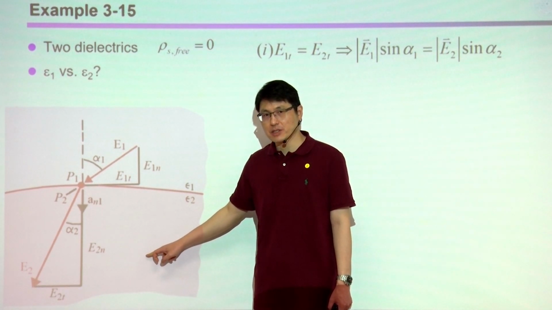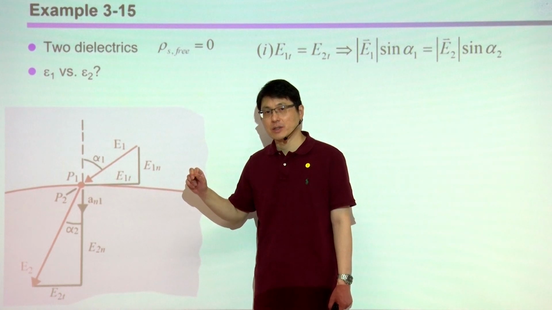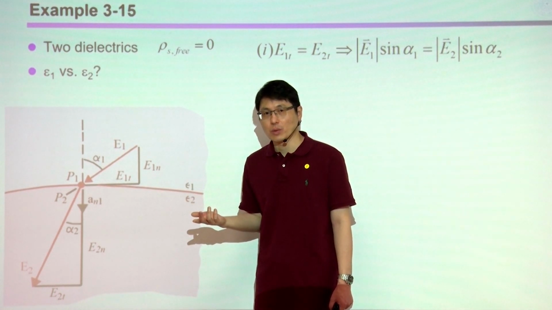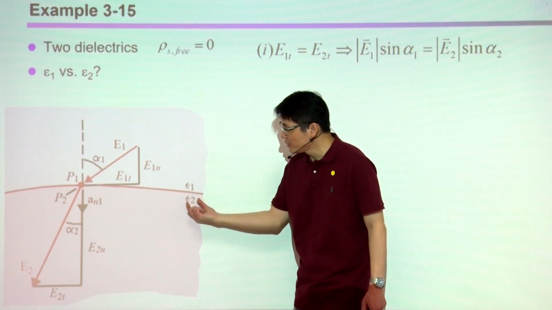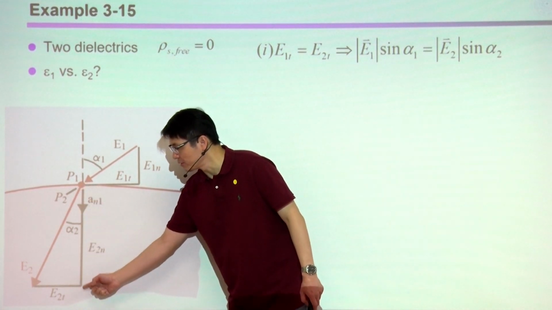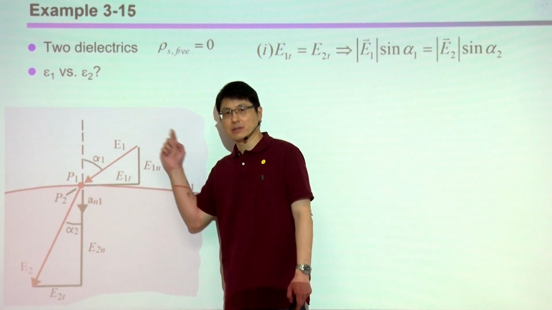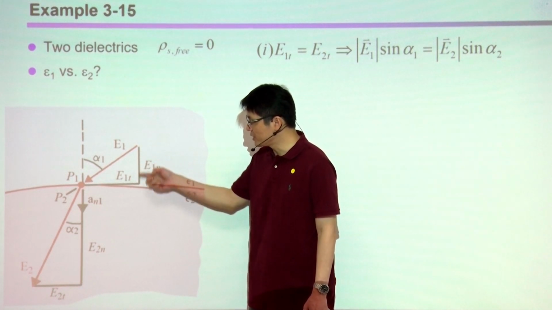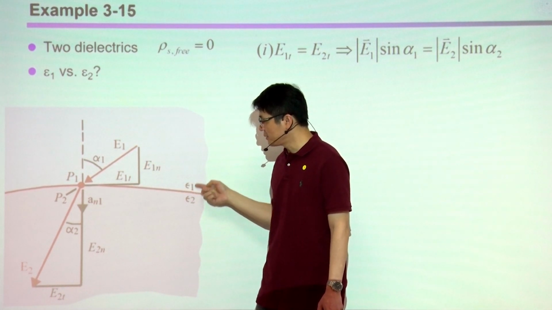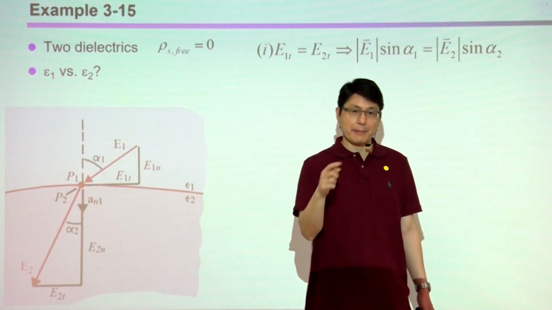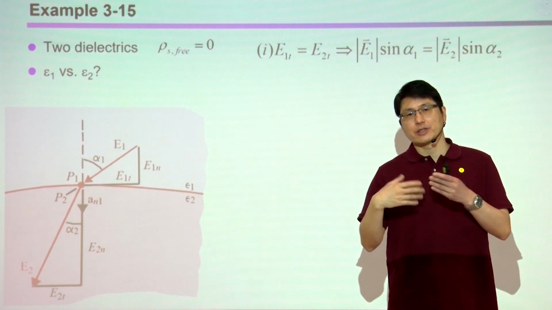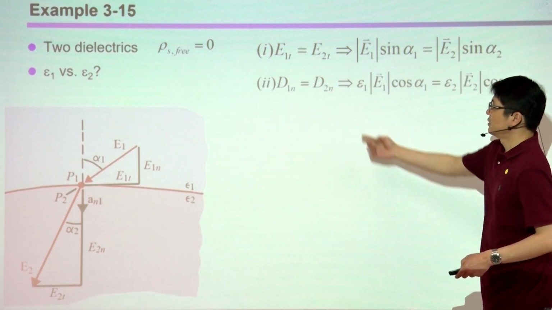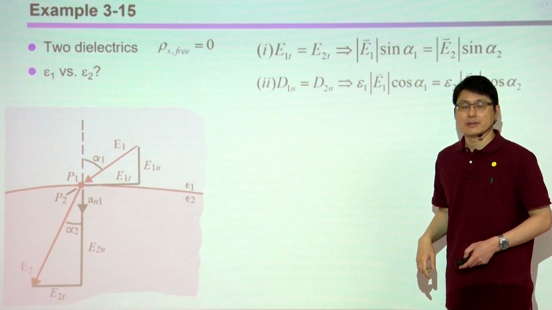Material number 2 has a smaller epsilon. Why? Because a smaller epsilon multiplied by a larger normal component will be equal to a smaller field multiplied by a larger epsilon. So epsilon 2 has to be smaller. That is one point looking from the math.